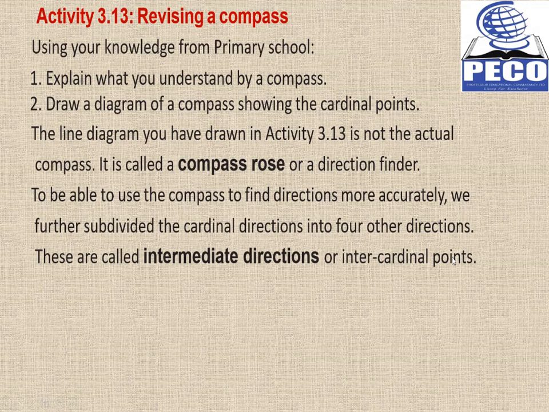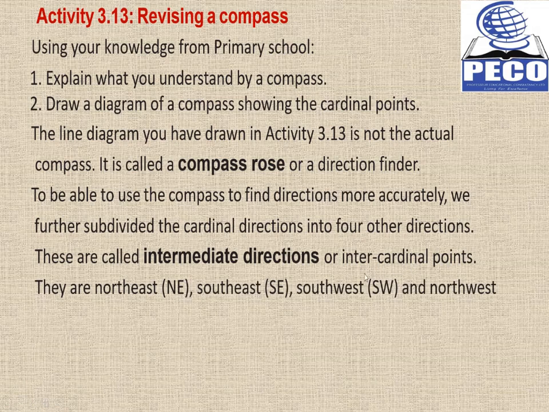intercardinal points. So those 4 that we have subdivided between the first 4 are what we call the intermediate directions, or what we call the intercardinal points. And there are 4. And these ones include northeast, meaning the line between the north and the east.